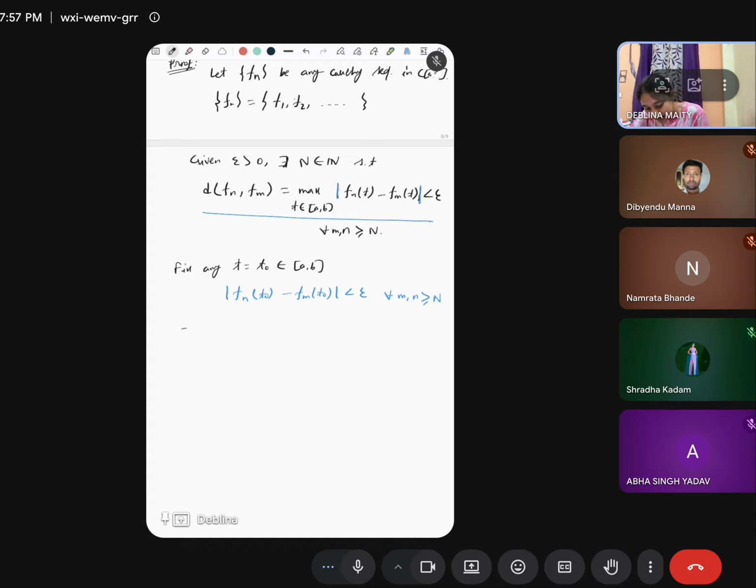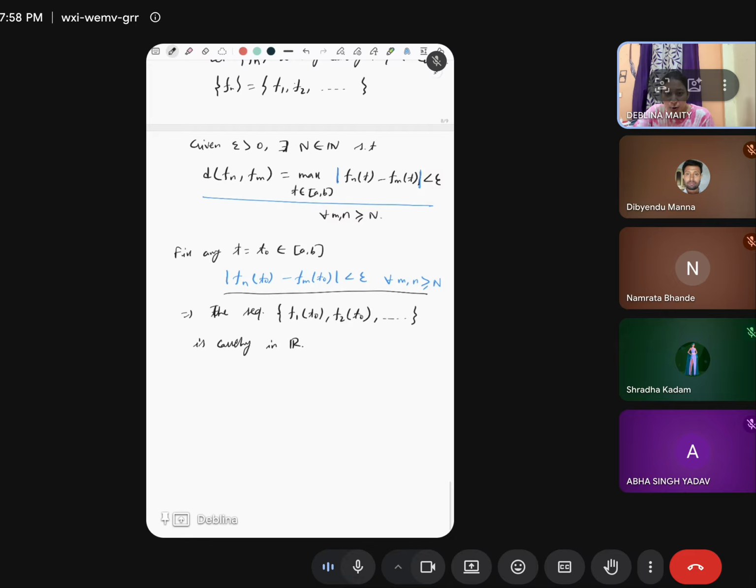So this implies the sequence f1(t naught), f2(t naught), and so on is Cauchy in R. Because the nth term of this sequence is fn(t naught) and the mth term is fm(t naught), this implies this sequence of real numbers is Cauchy in R. So it is clear, right?